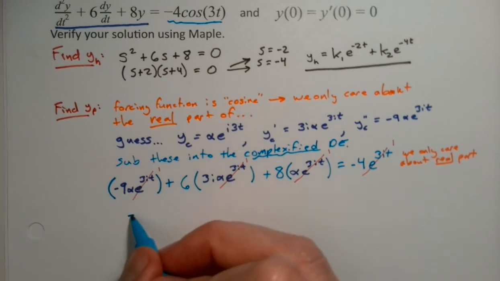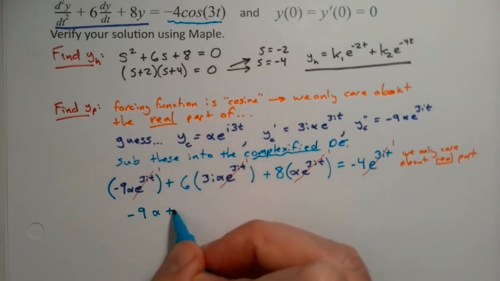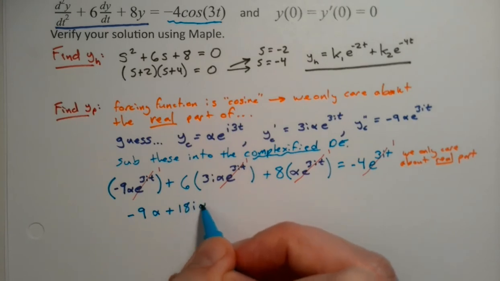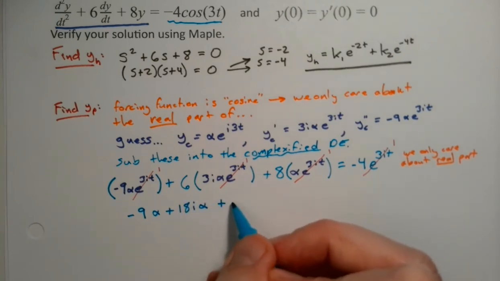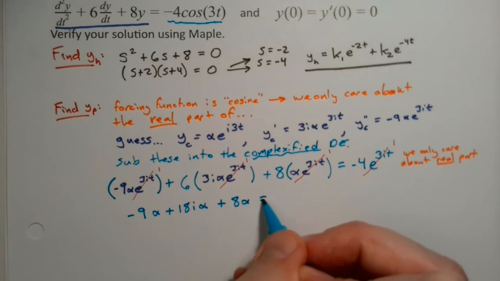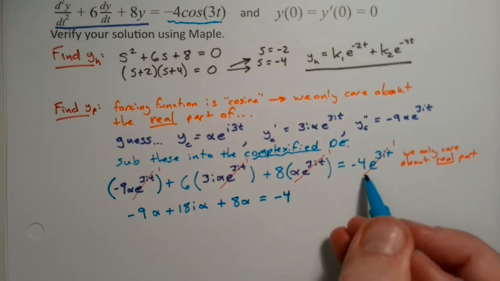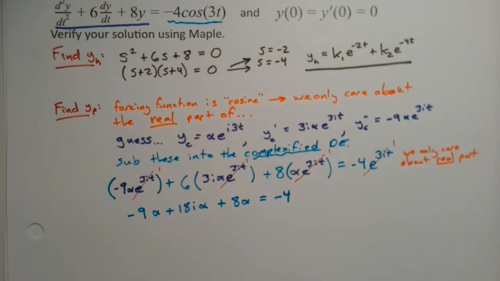And so that means we're left with negative 9 alpha plus 18I alpha plus 8 alpha must equal, on this side it's now negative 4. So we have the ability to solve for alpha once again.